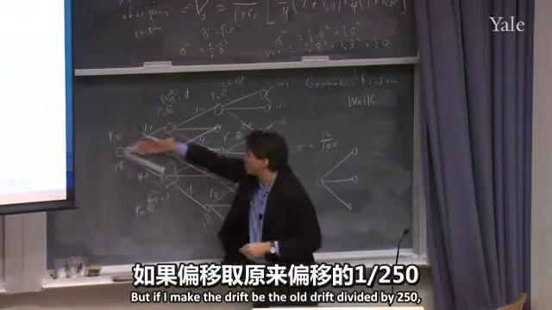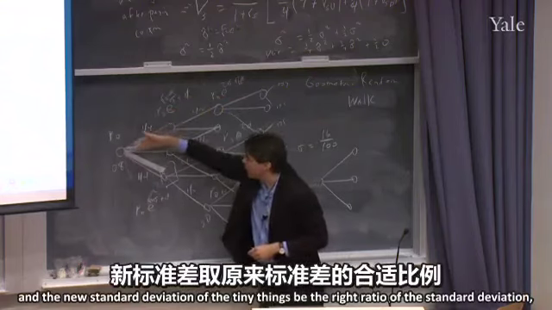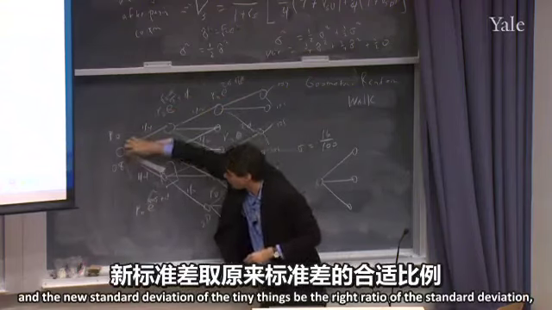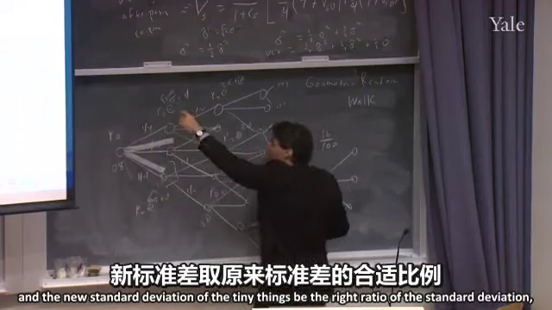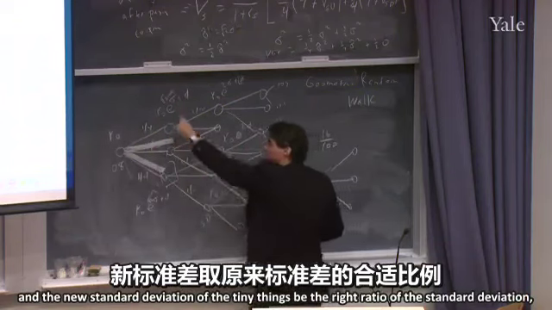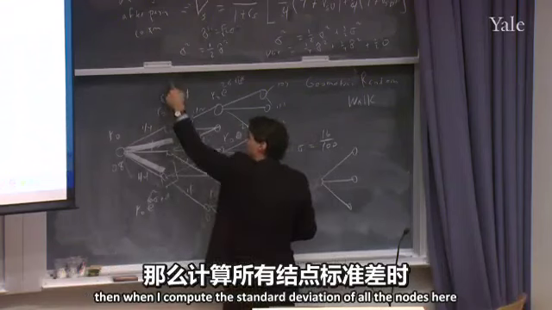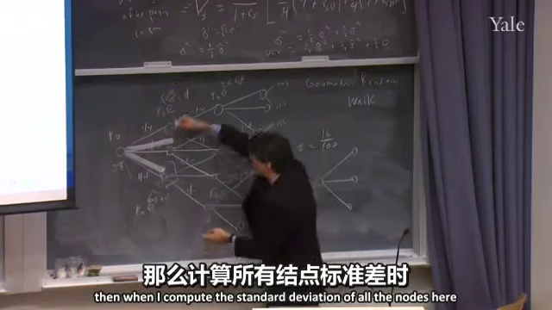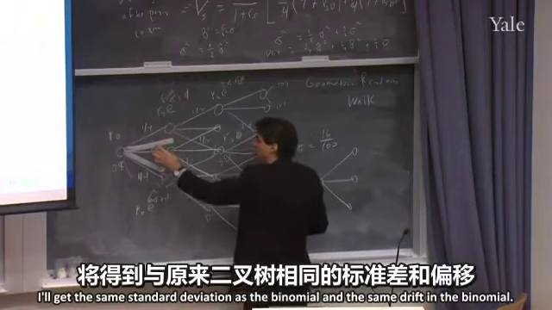But if I make the drift be the old drift divided by 250, and the new standard deviation of the tiny things be the right ratio of the standard deviation, then when I compute the standard deviation of all the nodes here, I'll get the same standard deviation as the binomial and the same drift in the binomial.